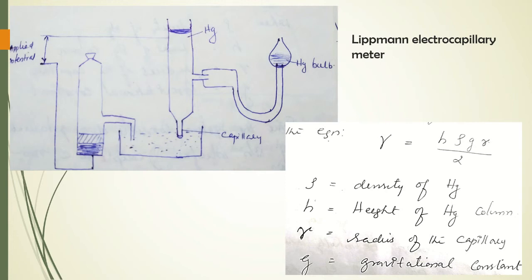The surface tension system consists of a polarizable interface, that is the mercury solution interface, coupled to a non-polarizable interface, so a change in the potential of the external source is almost equal to the change in the potential across the mercury solution interface. That's what I mentioned earlier. If you make any change in potential, that will automatically change the composition of the ions in the interface region, which in turn changes the surface tension as well.